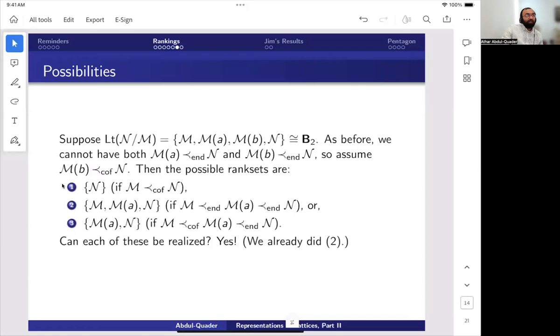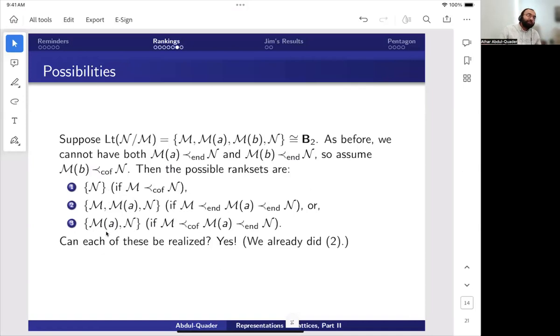I'll say about number 1, this is a general result of Jim's, that if a finite lattice can be realized and M is non-standard, then that finite lattice can be realized as the interstructure lattice of a cofinal extension.